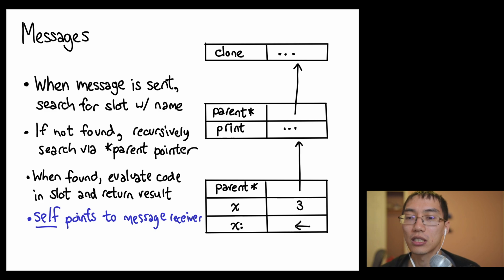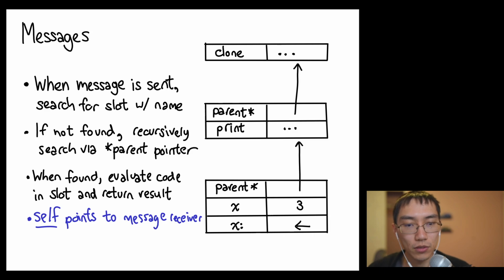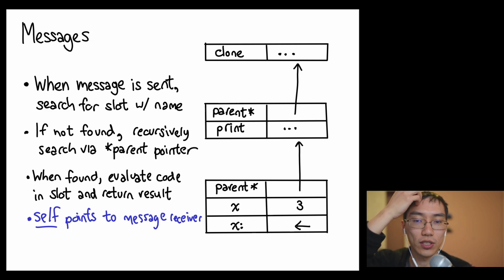And of course, self, which is the eponymous name of this language, points to the message receiver. So it's a special identifier, right? And it lets you go back to the original object in question. And this is like the virtual method calls we talked about earlier.